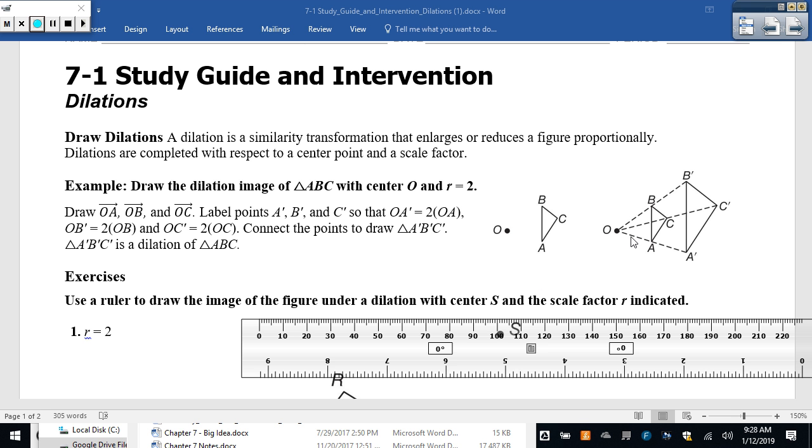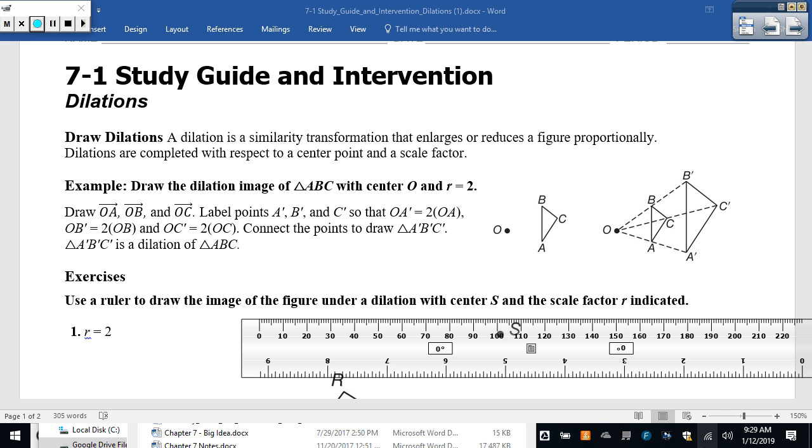All you have to do is trace back through each of the corresponding points, and they'll lead you to that common point. A lot of you have done this in art class in years past. That's called perspective drawing, where you go to a vanishing point. That vanishing point, in this case, is considered the center of dilation.